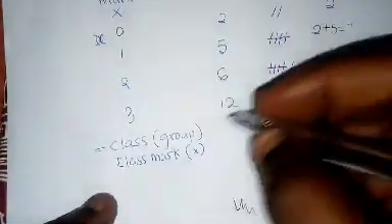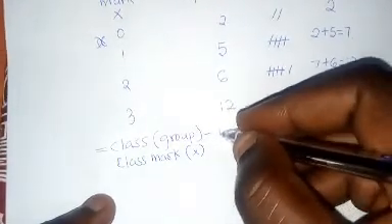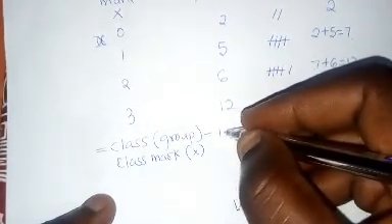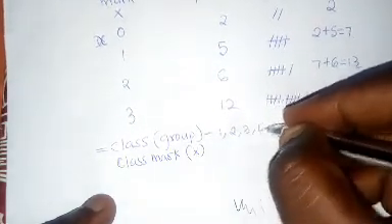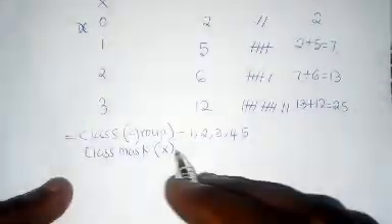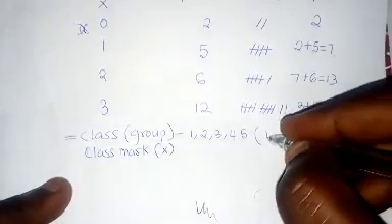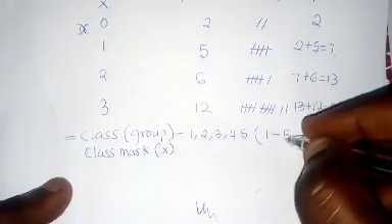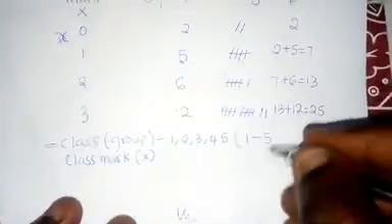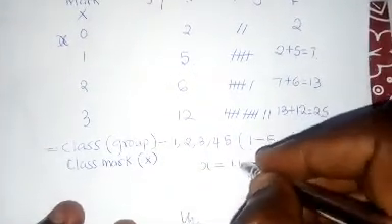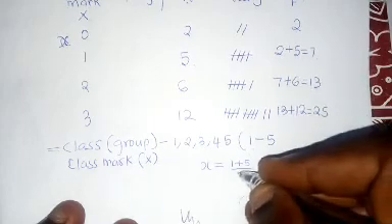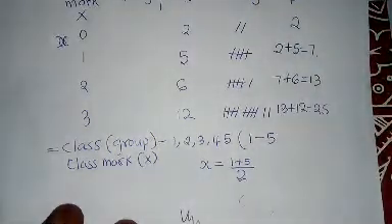All right, so let's take a group. Supposing we have 1, 2, 3, 4 up to 5. This is a class, and it will be written as 1 to 5. So this x will be 1 plus 5, you just take the average of the class limits.